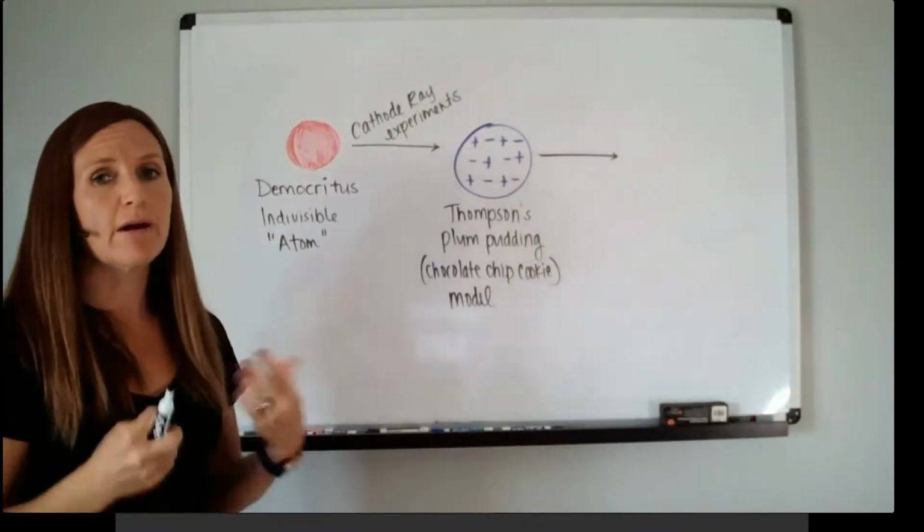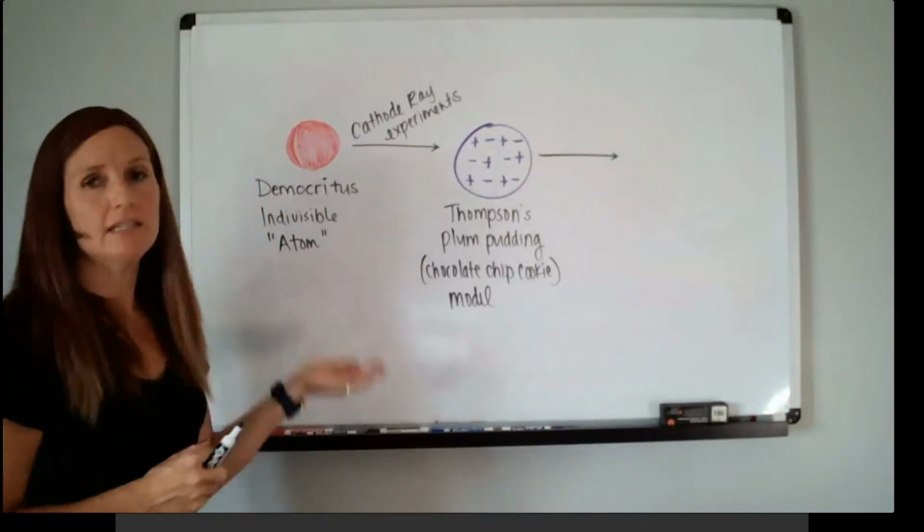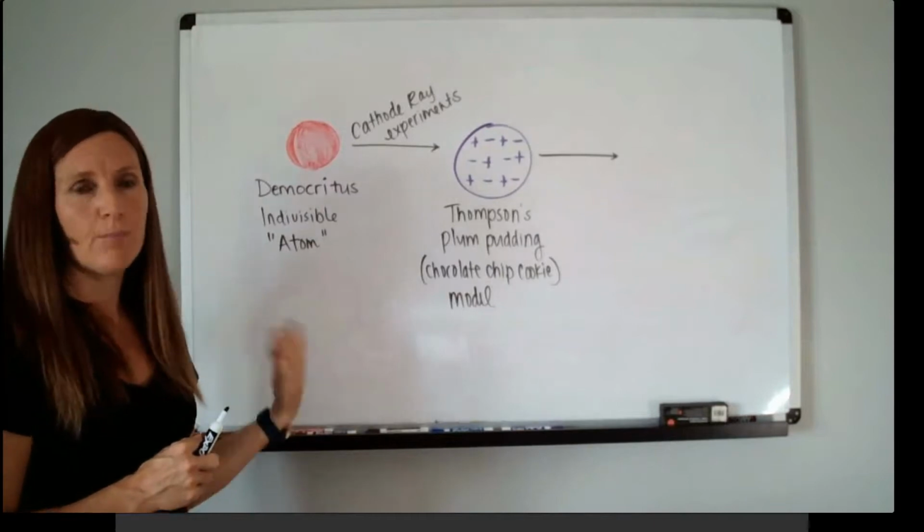So when we left off talking about our different models, we had gone through Democritus and his idea of the indivisible atom that cannot be broken down.